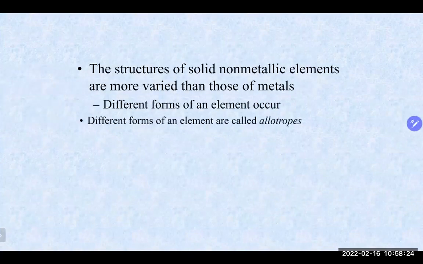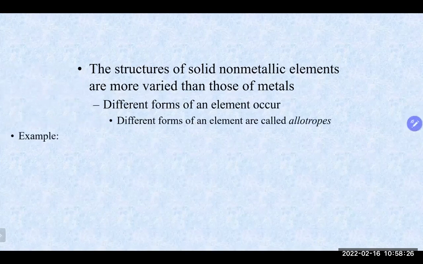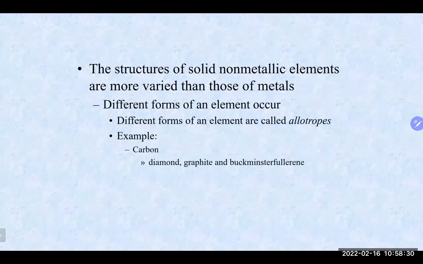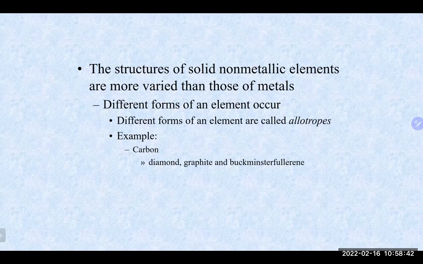All right, so the structures of non-metallic elements are a little bit different. Sometimes we will see the same element, for example a non-metal, in different forms, and these are referred to as allotropes. Allotropes are really the same element, but with a different arrangement of how they are put together.